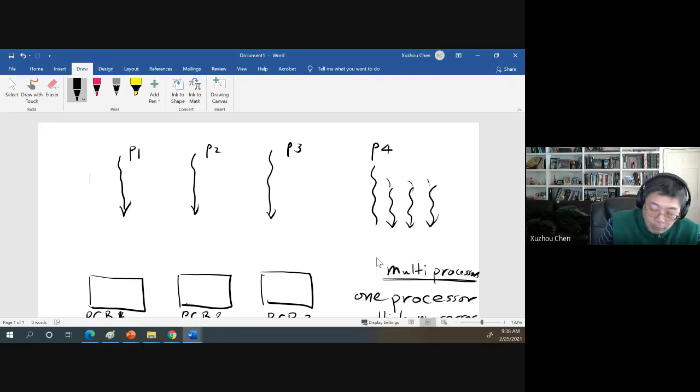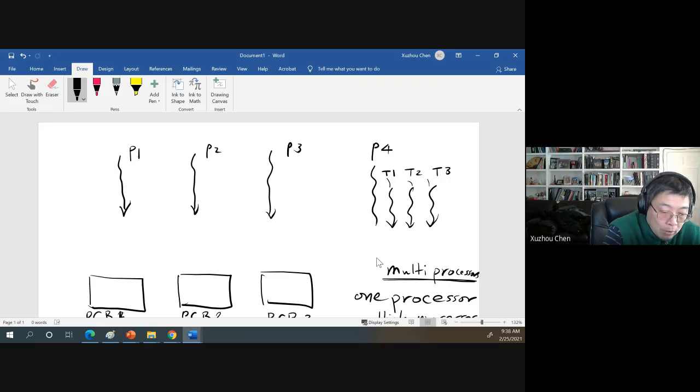Multi-threading basically means each of the threads in the process executes the same program, but they have a different thread of control. So in this case, you have 3 threads, T1, T2, T3.